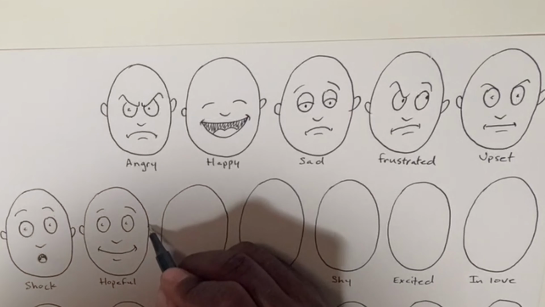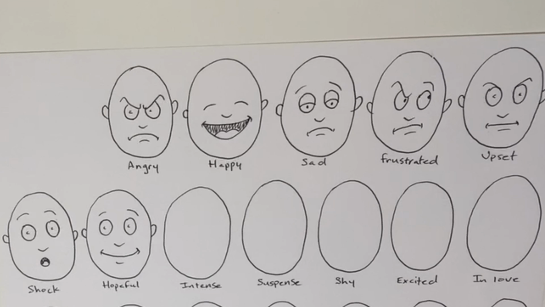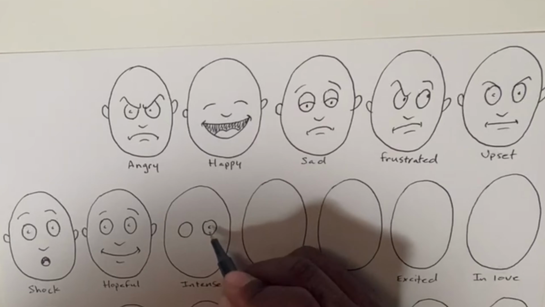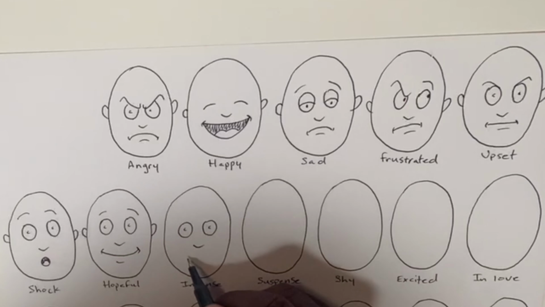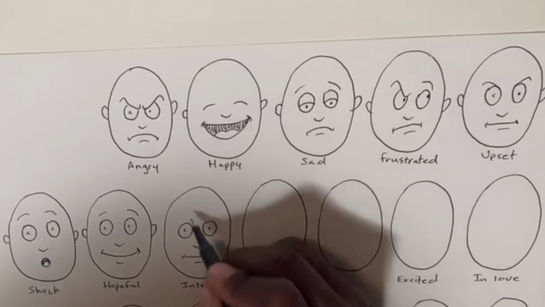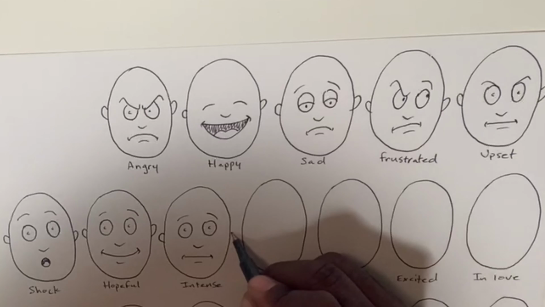Similar face, but you throw the smile on. And he's hoping something. What's coming through the door there? Intense. Similar circles. Similar to upset. The eyes have changed. It's an intense stare, waiting.